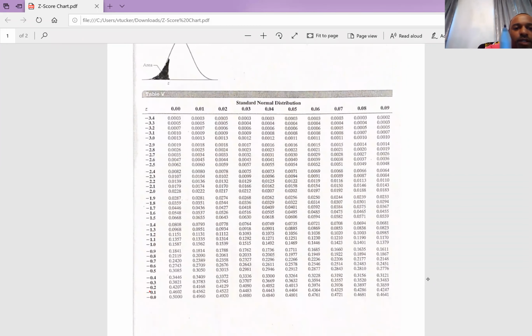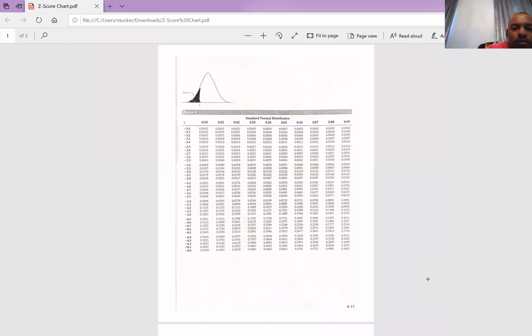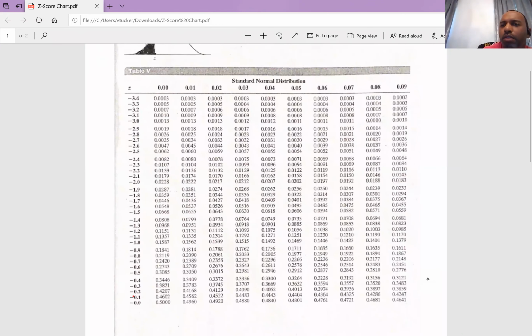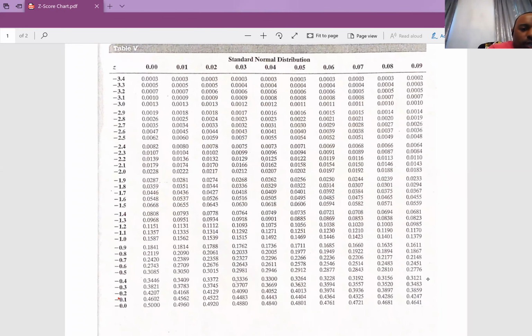So we look for negative 1.2, right here. 0.05 is up here. And there is our value, 0.1056. We'll talk about what it means in a second. I just want to make sure you're okay with finding the value right there.